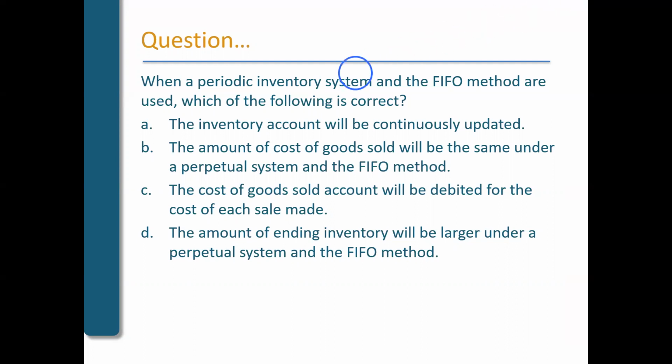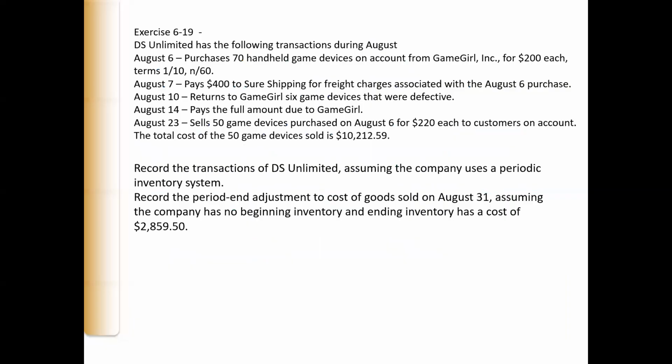Anyone? Did you say B? Go Angel. The amount of cost of goods sold will be the same under a perpetual system and the FIFO method.